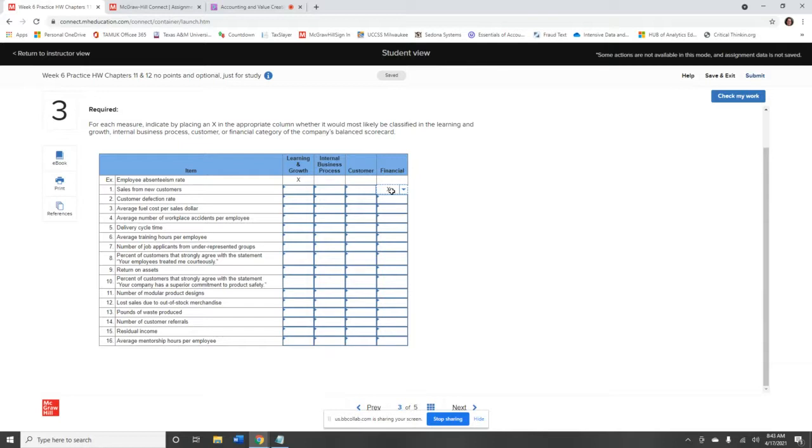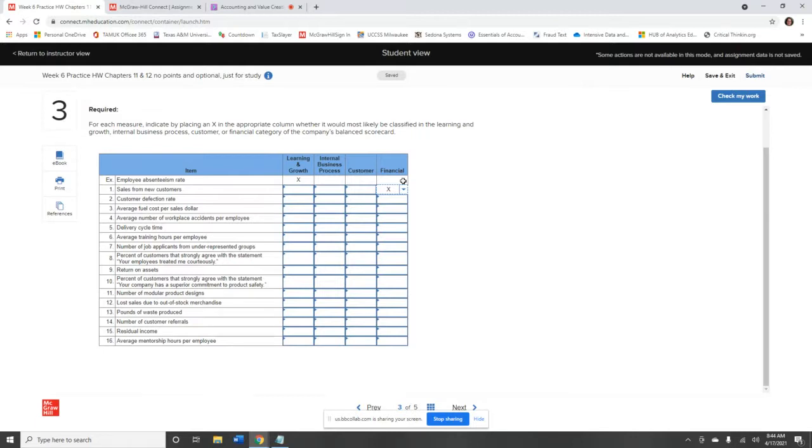What would make something a customer metric would be examples that measure customer satisfaction, customer loyalty, things related to growing our customer base, not measuring our sales per customer or something like that, right? Sales per something, that's a financial metric. Sales per square foot of store space, sales per new customer, those kinds of things would be financial measures. So that's kind of the distinction.